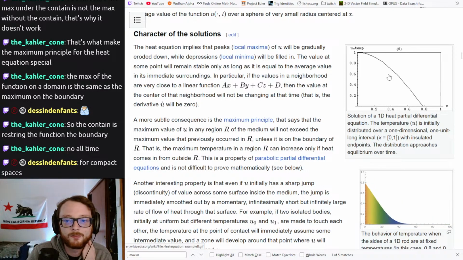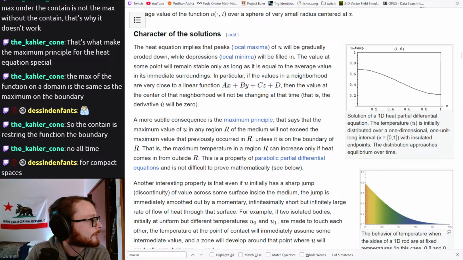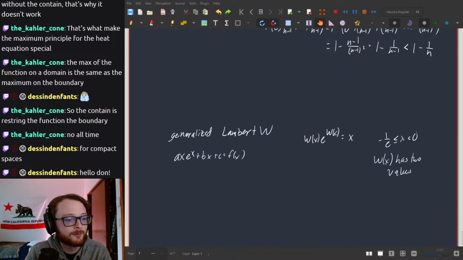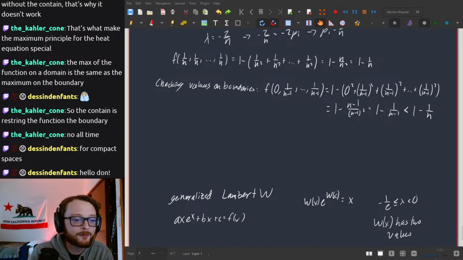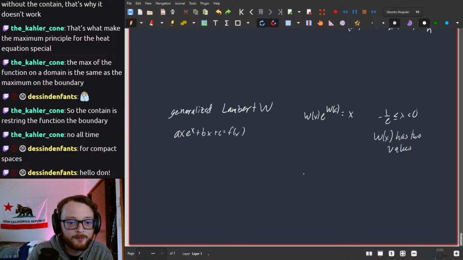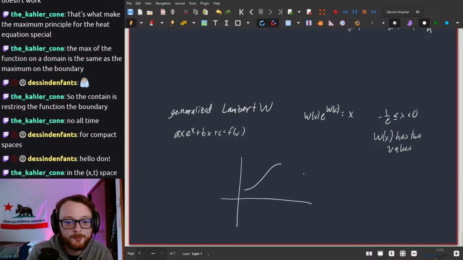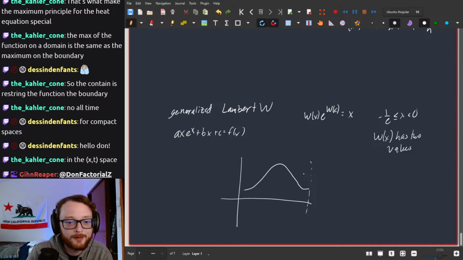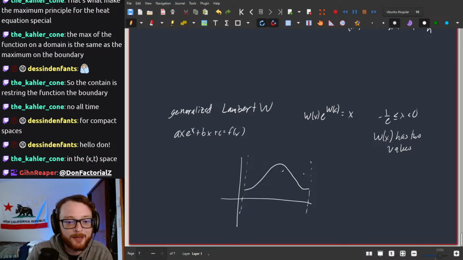But, like, I guess, just in one dimension, you can have a starting condition like that, and the maximum's right here. That's different from the.